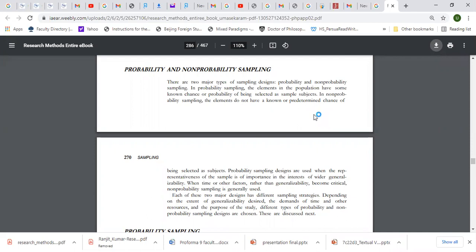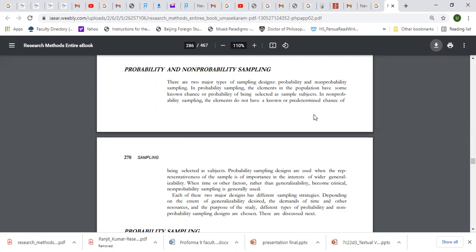So there is a good chance that each member of the population can be selected as a sample of the study, because there is this generalizability factor in that. Whatever data you collect, or whatever conclusion you base on this sample, can be generalized.